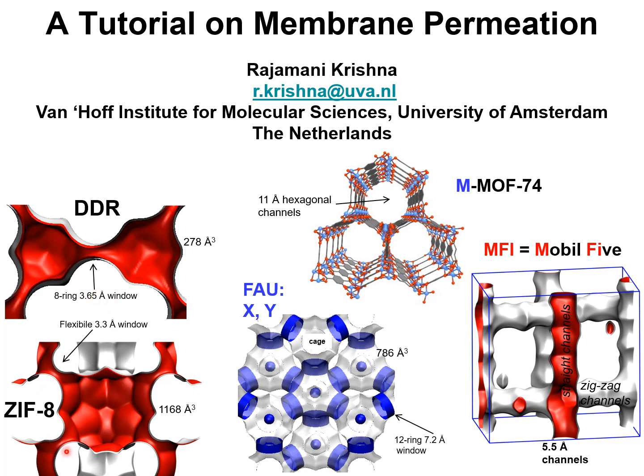ZIF 8 has cages of 1,168 cubic angstrom, and each cage is separated from adjacent cages by flexible 3.3 angstrom size windows.